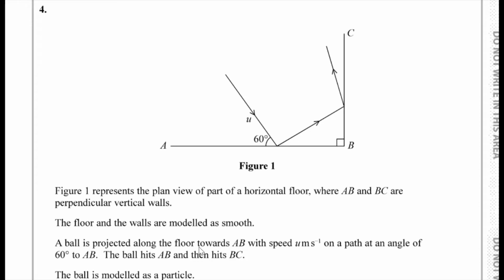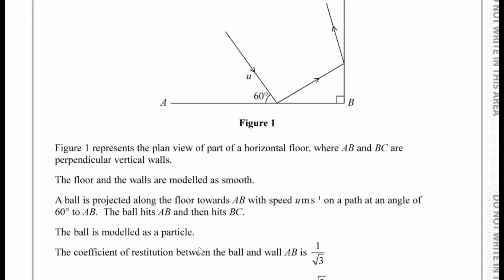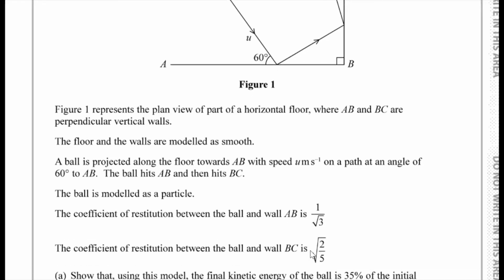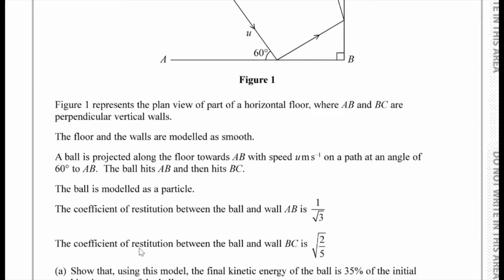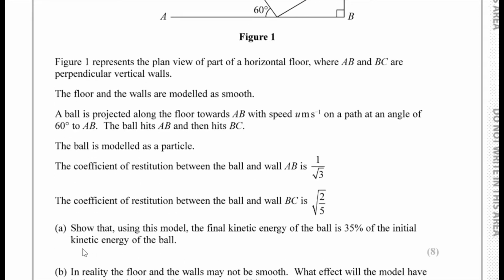The ball is modelled as a particle and the coefficient of restitution between the ball and the wall AB is 1/√3 and the coefficient of restitution between the ball and the wall BC is the square root of 2/5. For part A, we have to show that using this model, the final kinetic energy of the ball is 35% of the initial kinetic energy of the ball.